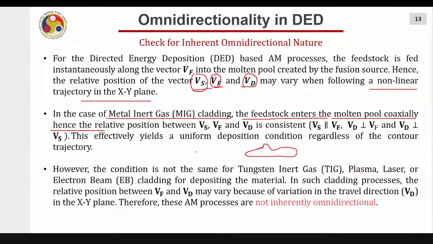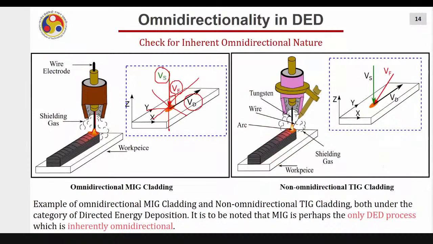However, the condition is not the same for TIG welding or plasma or laser or electron beam. In such cladding processes, the relative position between Vf and Vd may vary because of variation in the travel direction. Therefore, these AM processes are not inherently omnidirectional. Let me give you an example. This is the tungsten, right? It doesn't get consumed, it creates the arc.